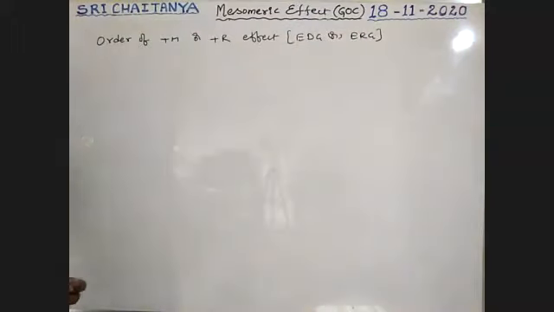Electron donating groups or electron releasing groups, both are the same, boys. Plus M groups or plus R groups are nothing but electron donating groups or electron releasing groups. Please see the orders.